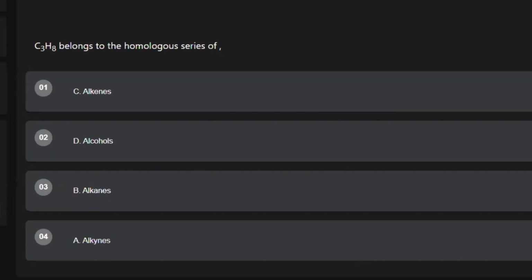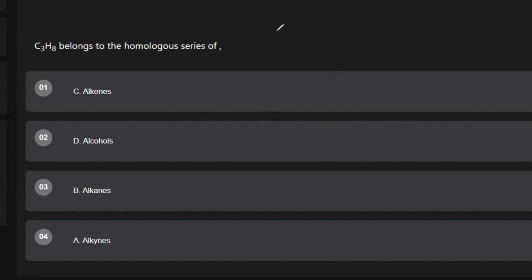Let's look at one final question. C3H8 belongs to the homologous series of. Okay. Just by looking at the molecular formula, how would we guess the homologous series? This is where the general formulas of each homologous series comes in handy. So we have 4 homologous series that this could belong to.